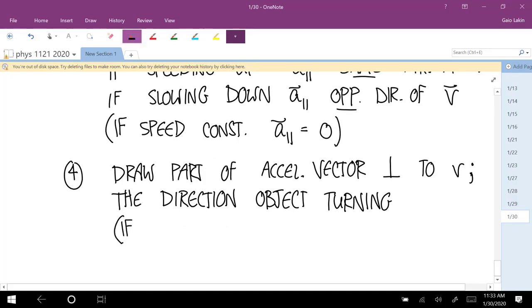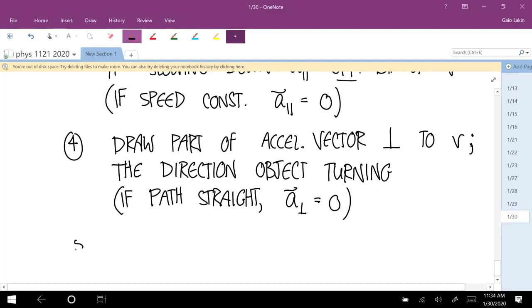If the path is straight, then A perpendicular is 0. And then the total acceleration is just the sum of these two pieces.